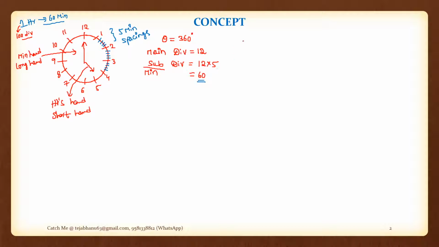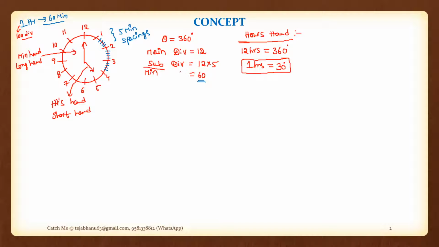Now, kindly observe. If I take the hours hand, there are a total of 360 degrees in a clock. The hours hand requires 12 hours to complete that 360 degrees rotation. That means for 1 hour, the hours hand displaces 30 degrees.